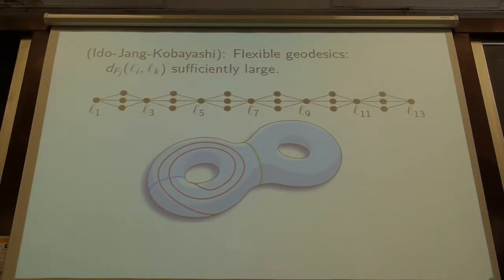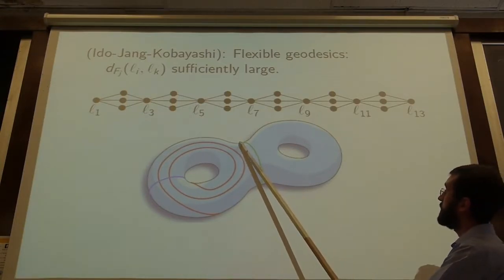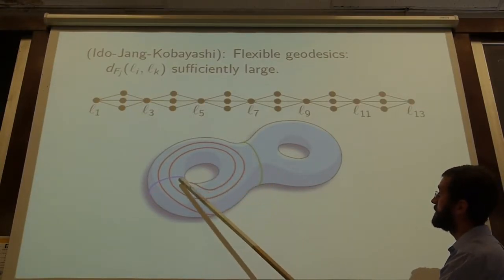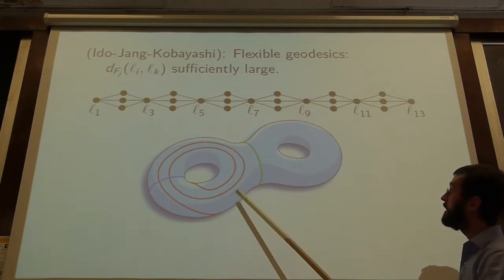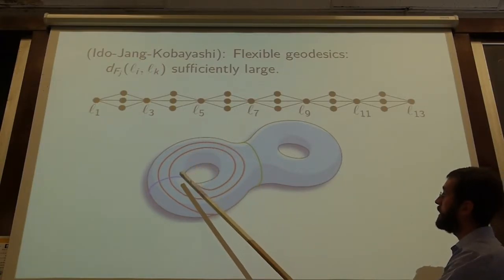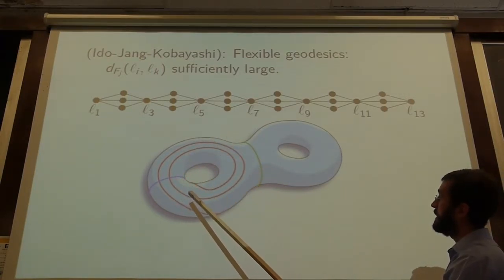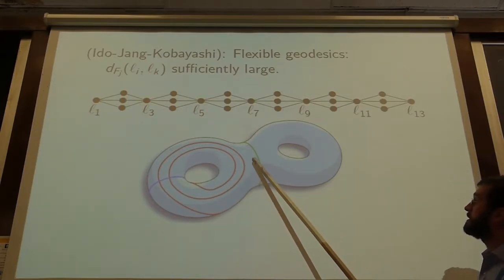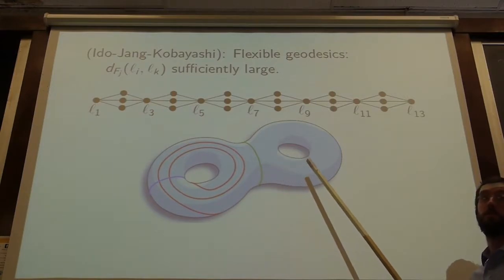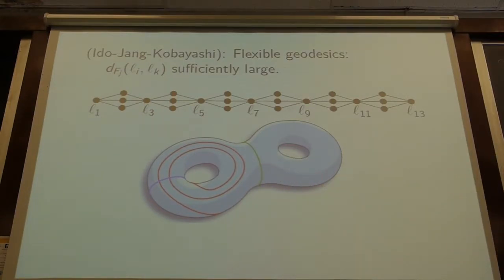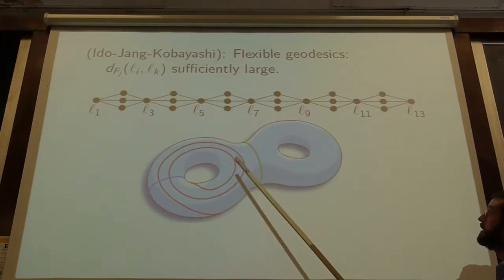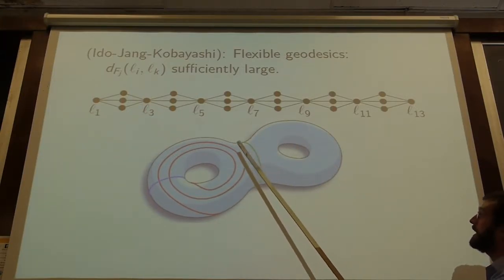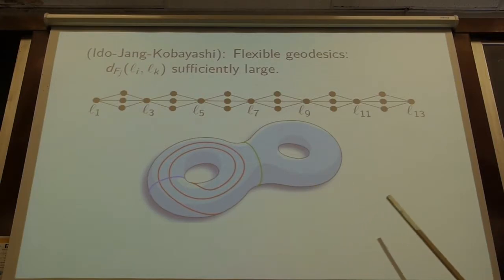What we do is we pick a green loop that cuts off a once punctured torus containing that blue loop, and then we pick another red loop in that once punctured torus that's high distance from the blue loop in the arc and curve complex for this subsurface. In other words, the red and the blue loop are distance 2 in the whole surface, but they're going to be high distance in this one punctured torus.